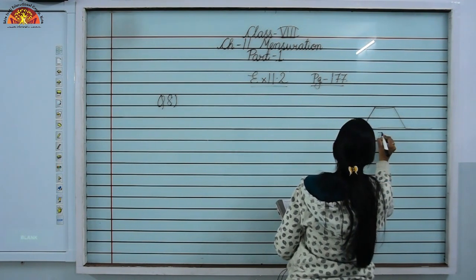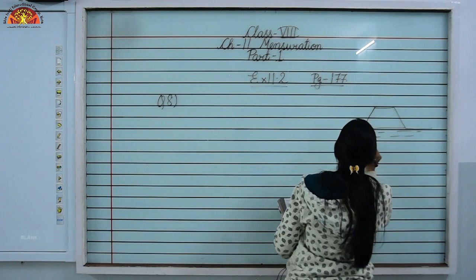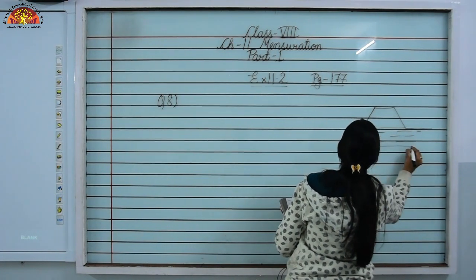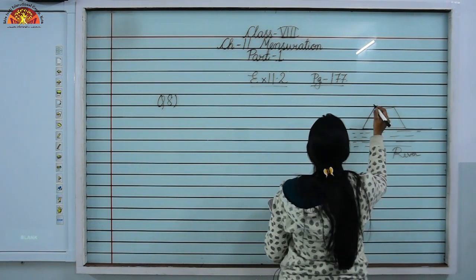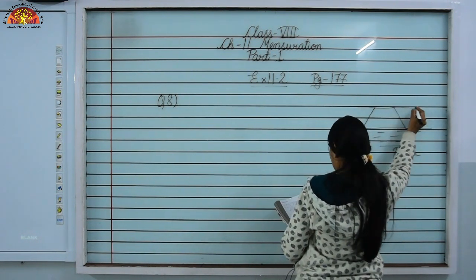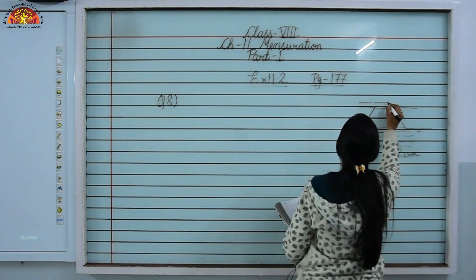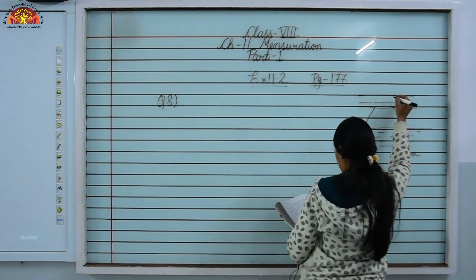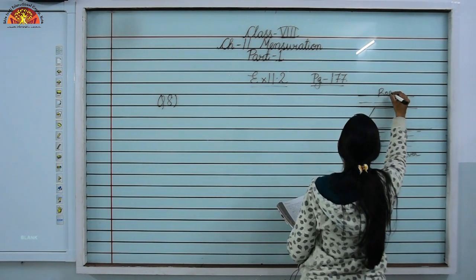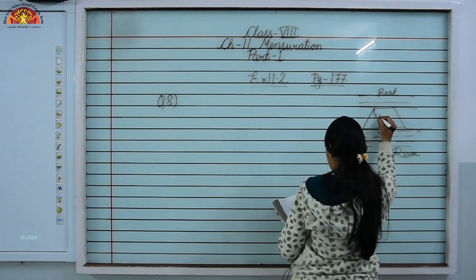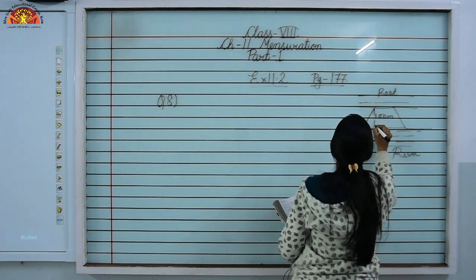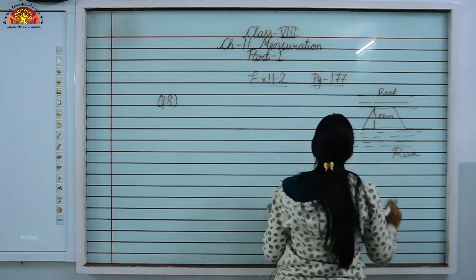This is the river, and this is the road. And the distance between both the parallel sides is 100 meters. This is the distance.